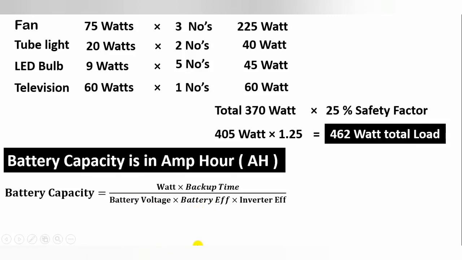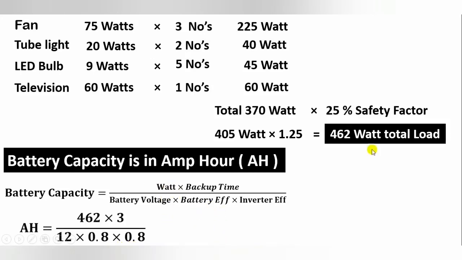In this case, we're going to be fixing a value for the battery voltage to be 12 volt, the battery efficiency to be 0.8, the inverter efficiency as well 0.8, and a backup time of 3 hours. So we're going to be having a total battery capacity of 180 ampere hour.